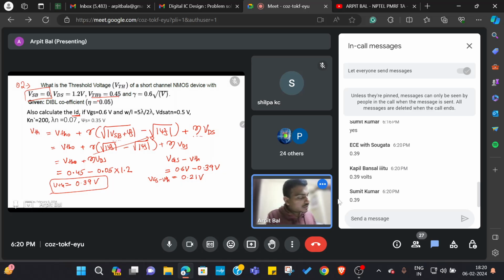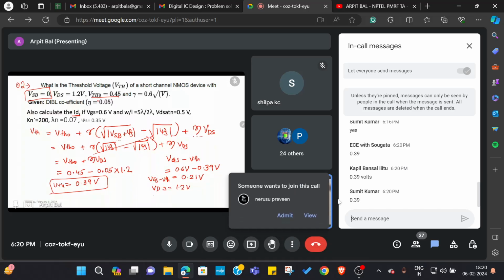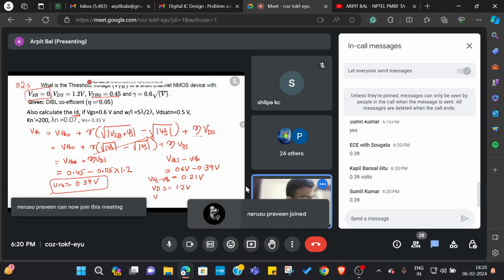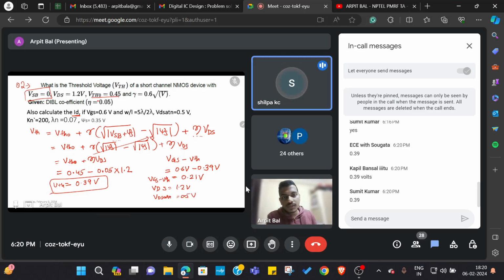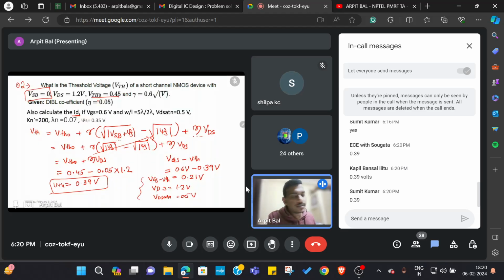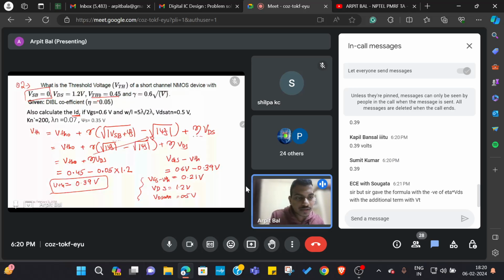Okay, and it is given to us that VDS is equal to 1.2 volt and VDsat N is equal to 0.5 volt. So the minimum of these three is going to determine my region of operation.